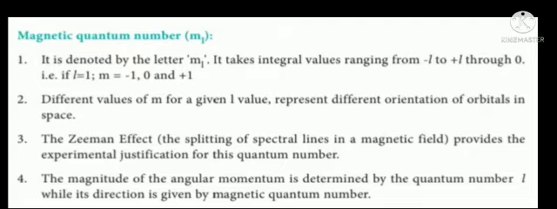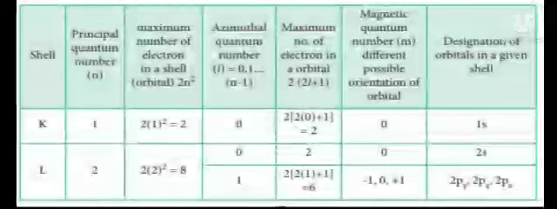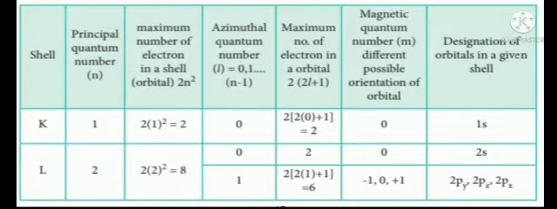It is to be given for fourth point. Hence, all the 4 points of the magnetic quantum number are explained. Now this tabular column explains the quantum numbers and their significance.